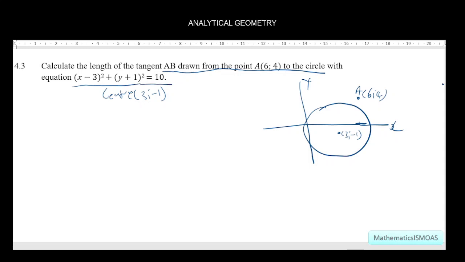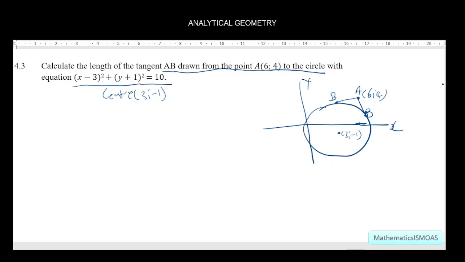Then if the tangent is AB, therefore B will be the point of tangency. So B, if it's somewhere here, therefore AB will be a tangent. Or someone else maybe can put B somewhere here. AB will still be a tangent.